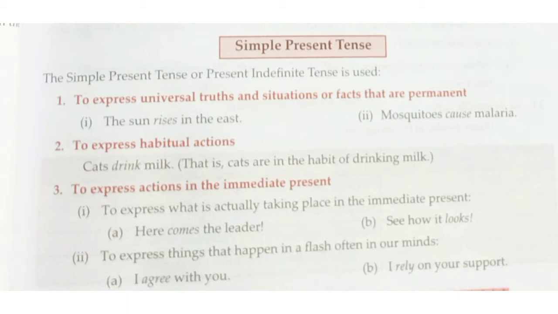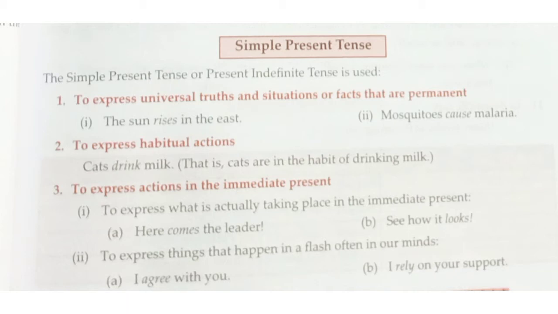Now, what are the different uses of the present simple, or simple present tense, or present indefinite? The first use is to express universal truths and situations or facts which are permanent, which are not going to change.